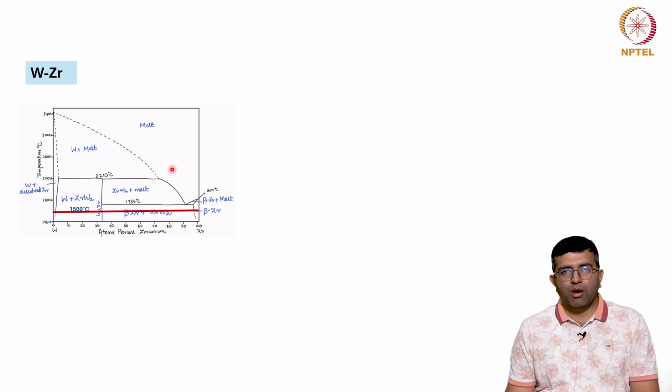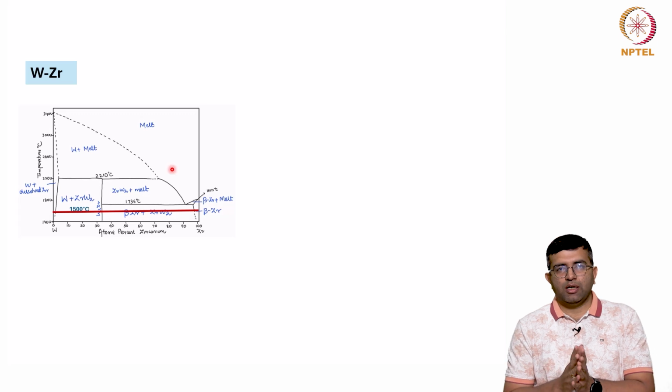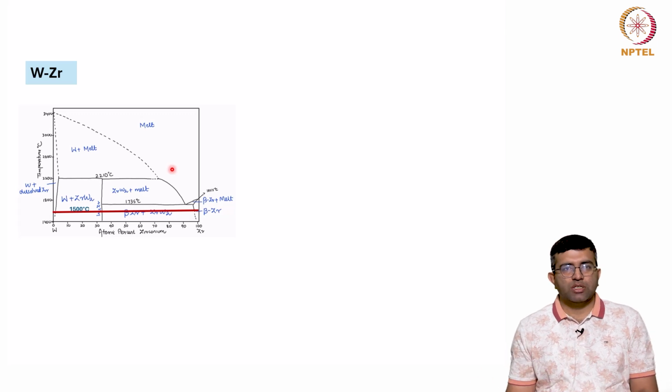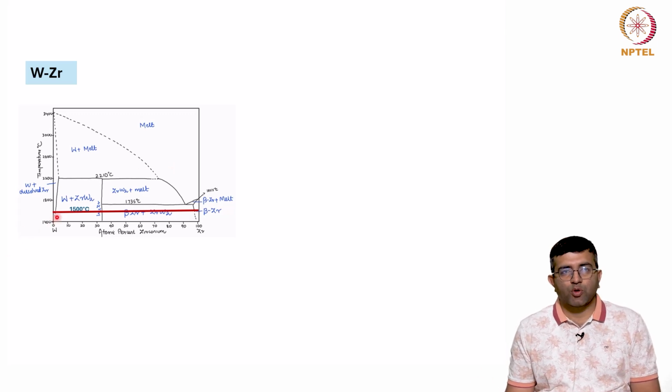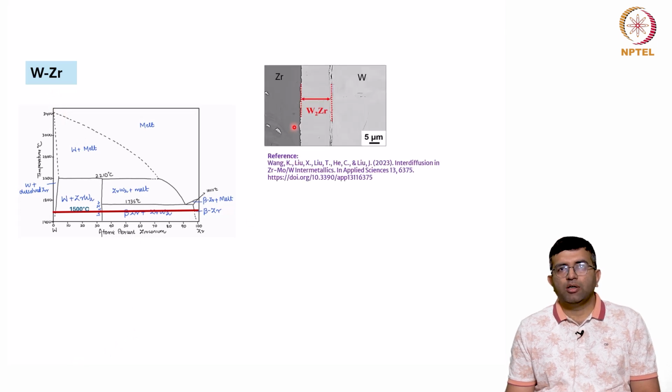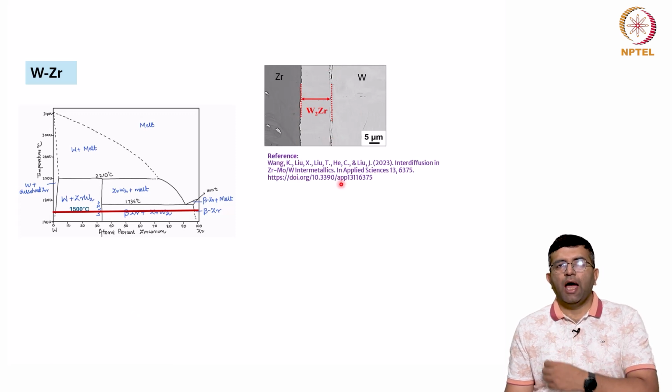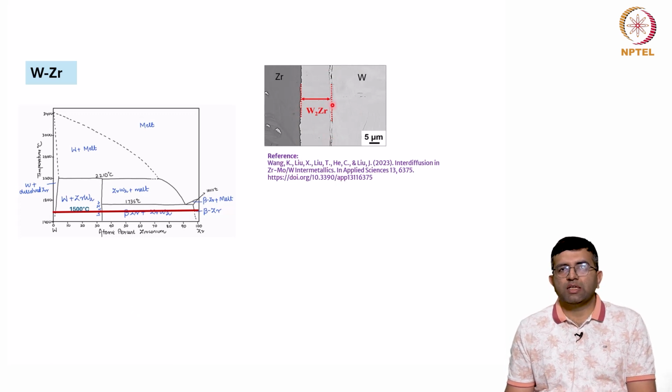Remember both of them are high melting point elements, so the phase diagram we have started from 1400 itself here. Tungsten has a very high melting point. Now when we form the diffusion couple between tungsten and zirconium, this is an actual micrograph taken from this reference, and you see that the phase that is developed is W2Zr. You don't have any solid solution phases visible in this micrograph.